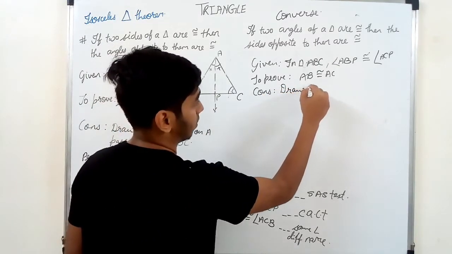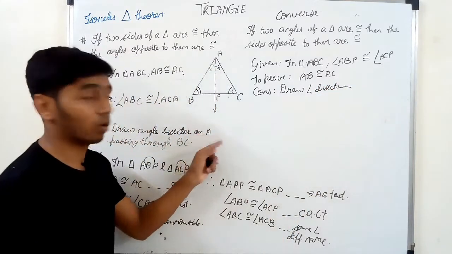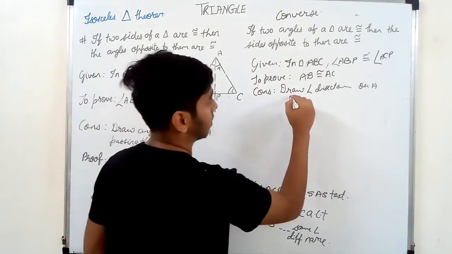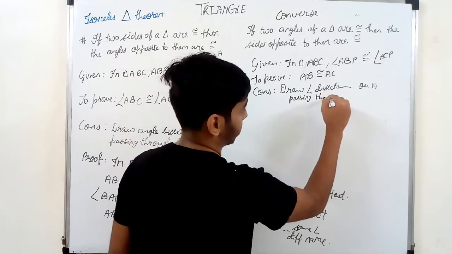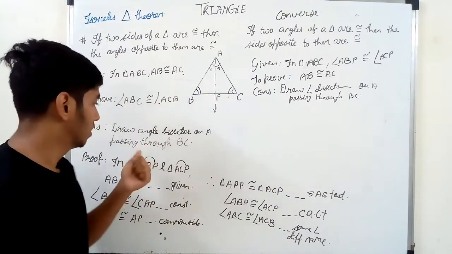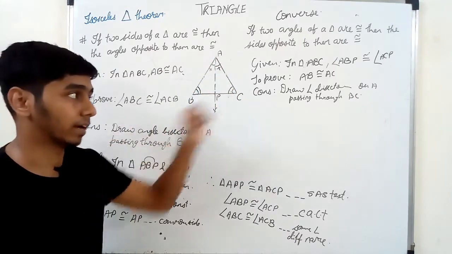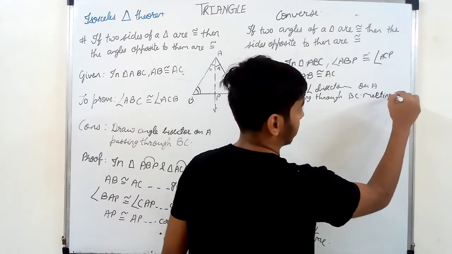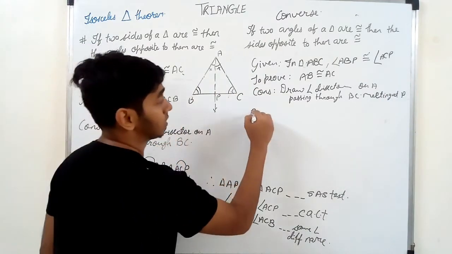Draw angle bisector on A passing through segment BC and meeting at point P. So that's the construction we are doing. Now let's start the proof.